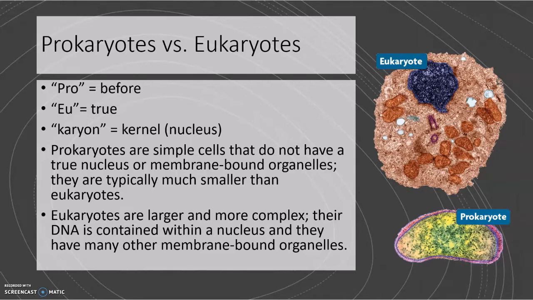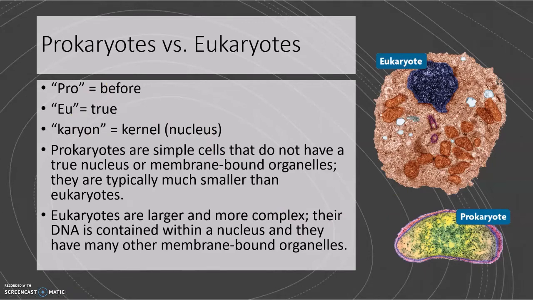Now, the difference between these cells is going to be that prokaryotes are very simple. They don't have a true nucleus. So if you think of the word part, before nucleus, right? Prokaryon, before nucleus. And they also lack other membrane-bound organelles.